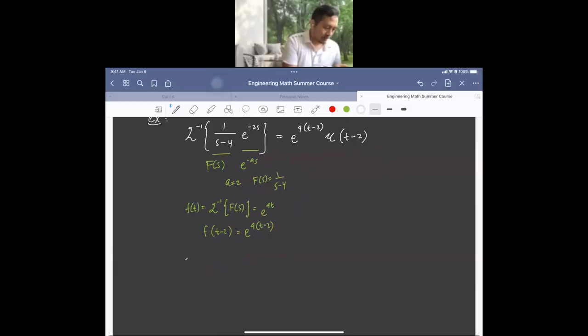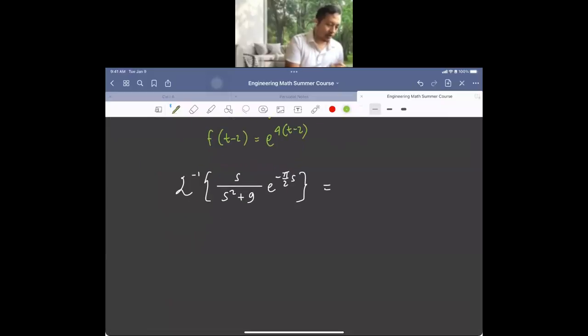Another one. Let's try the Laplace inverse of s over s squared plus 9 times e to the power of negative pi over 2 s. Again, we start with F of s being this.